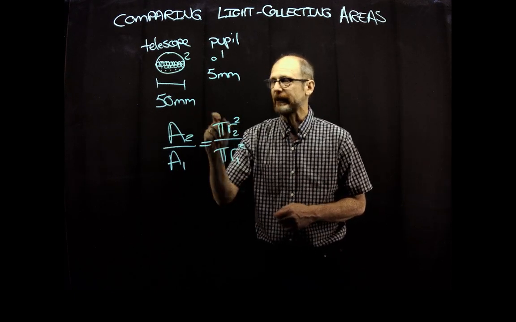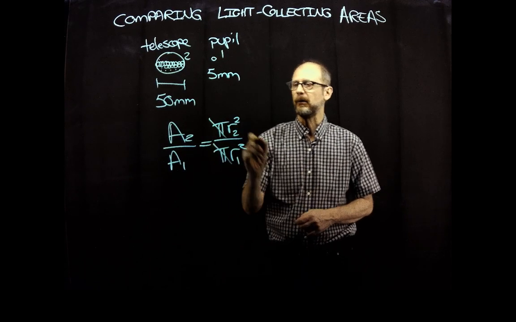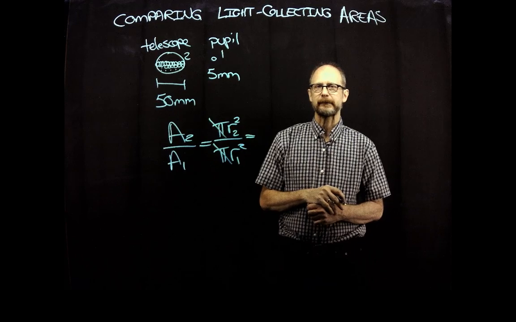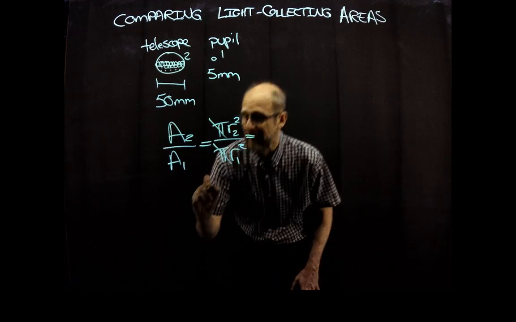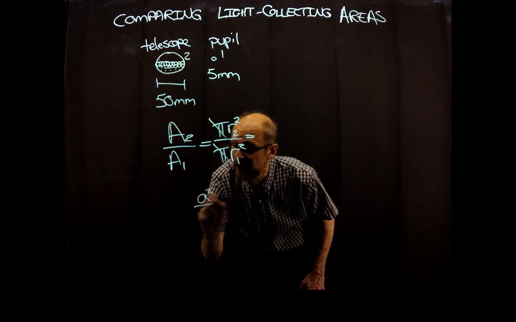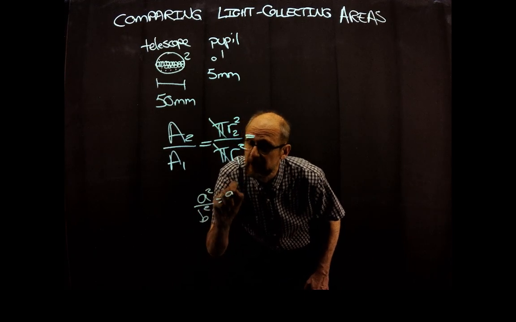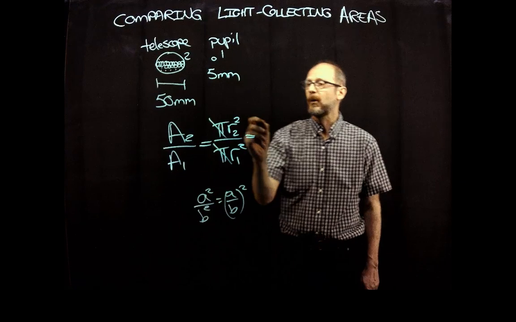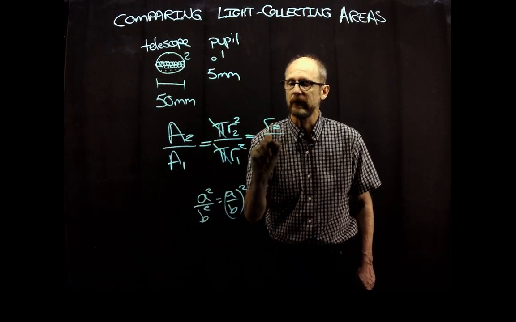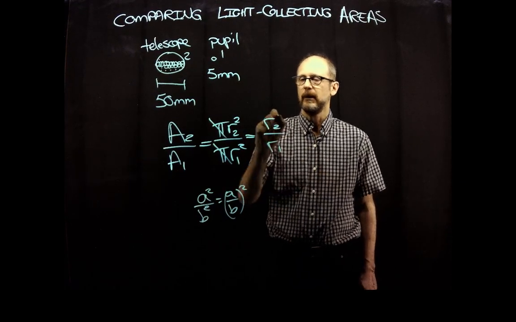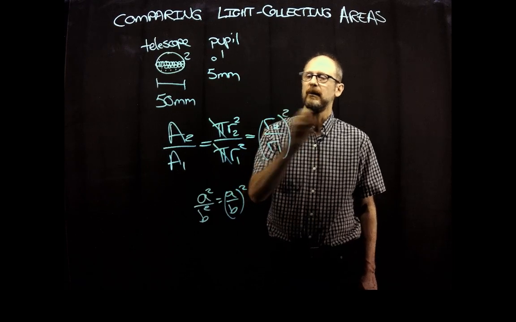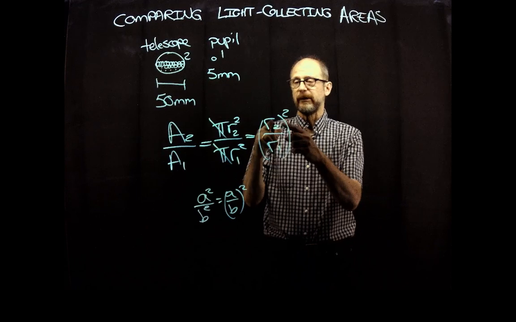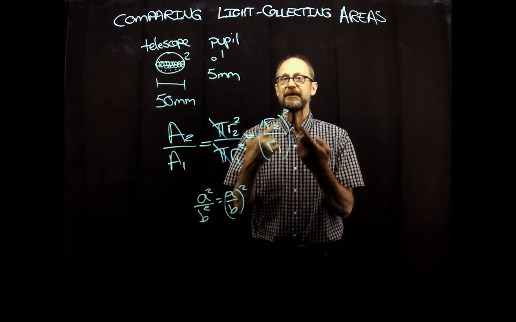It's the same pi on the top and bottom, so we can cancel those, and we're left with r2 squared over r1 squared. Now just from algebra, you've probably seen, a squared over b squared is equal to a over b quantity squared. So I can write this as r2 over r1 quantity squared. Now the ratio of the radii is the same as the ratio of the diameters.